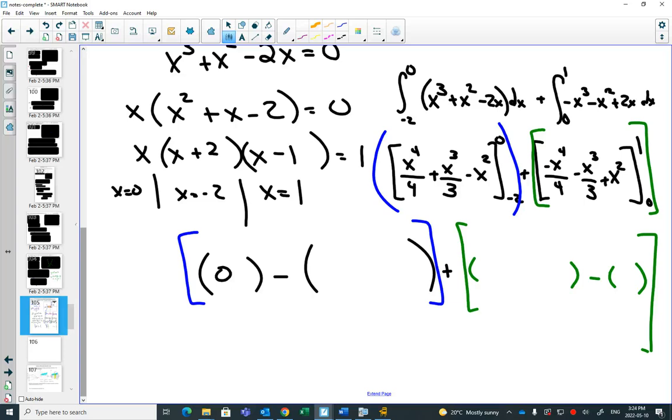Then plugging in -2, this will be 16 over 4, which will be 4, plus a negative 8 divided by 3, minus negative 2 squared, which will be 4. Oh, this is nice, those cancel out too. And in the green one, the easy mental math is when you plug in the 0, and the not too crazy mental math is when you plug in the 1. So you would get negative 1/4 minus 1/3 plus 1.